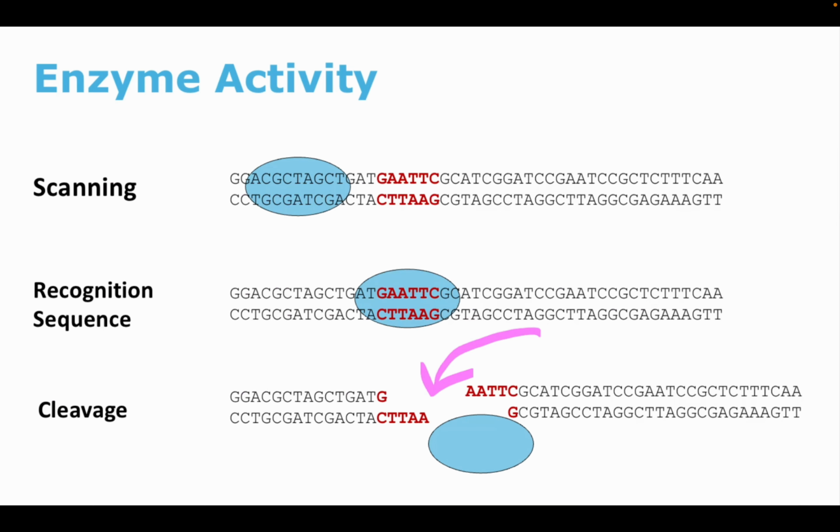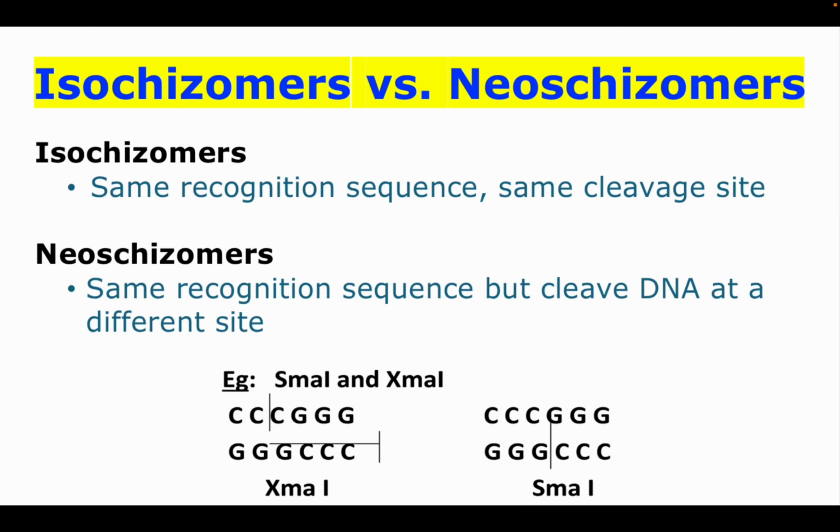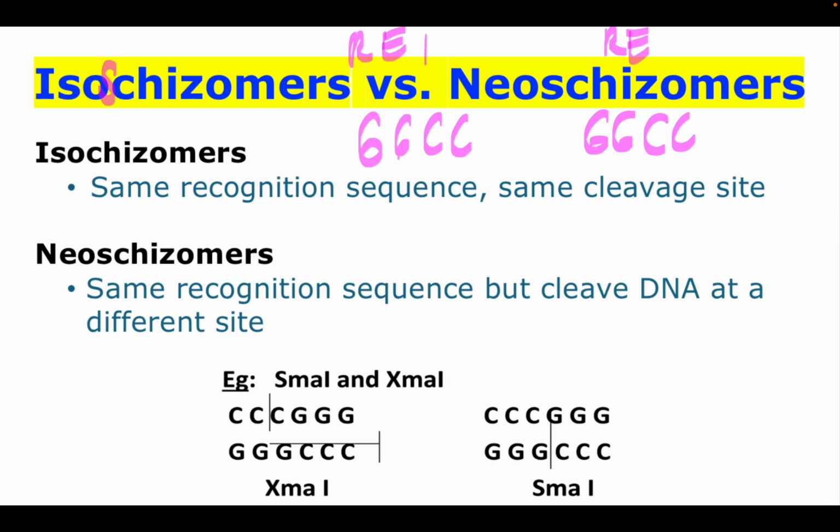And this one, these are just terms and definitions. This is isoschizomers and neoschizomers. Isoschizomers have the same recognition sequence, same cleavage. For example, GGCC, this is restriction enzyme 1, and this is restriction enzyme 2.